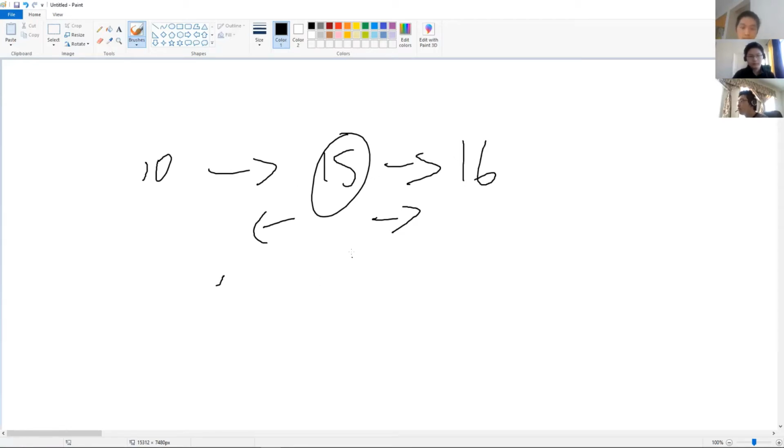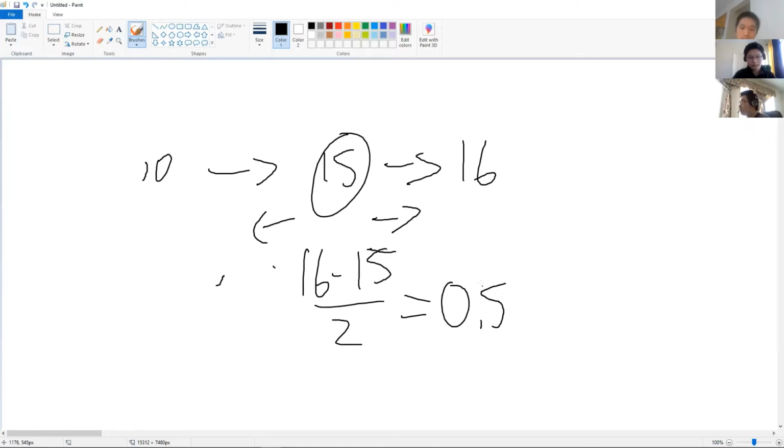So you do 16 minus 15, and that'll give you the difference between those two, and then you divide it by 2, and you'll get your bound. My bad, I'm tripping over my words.